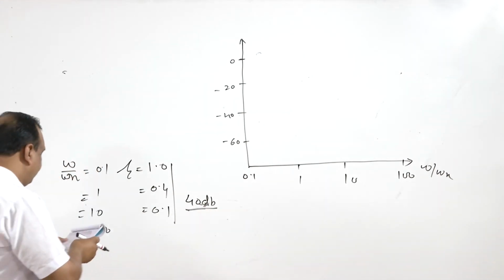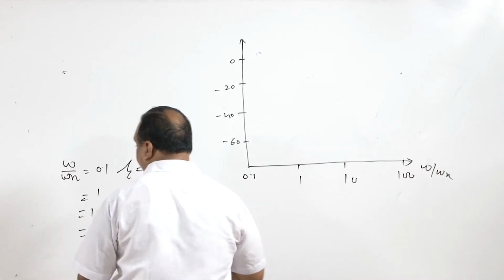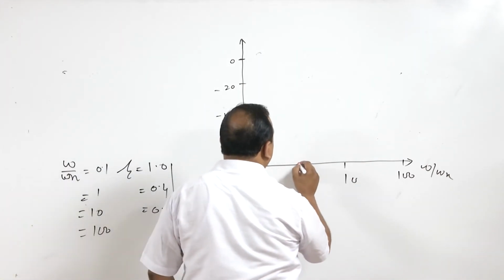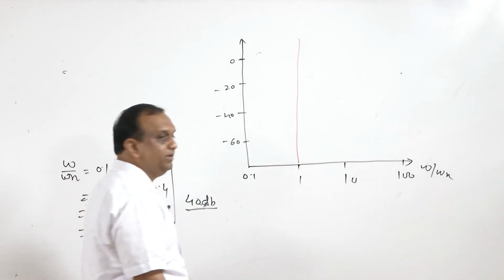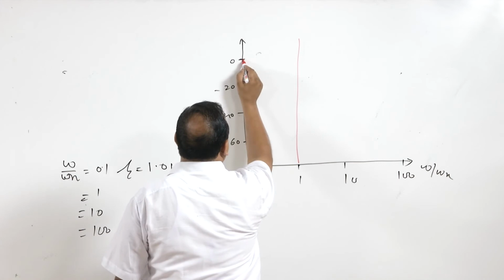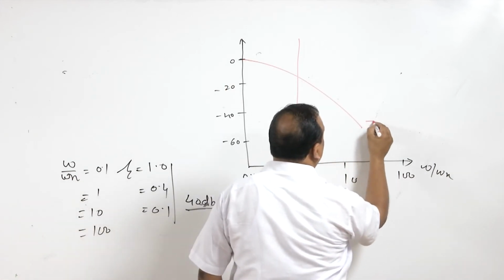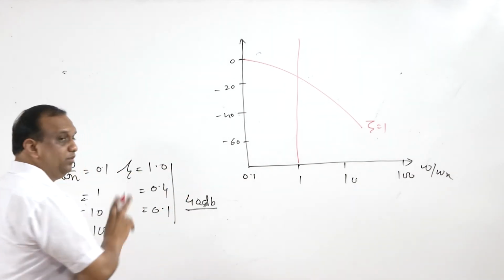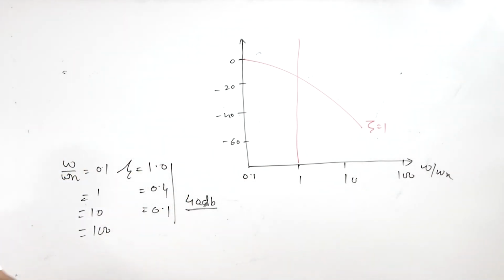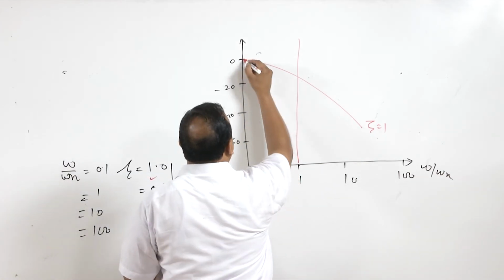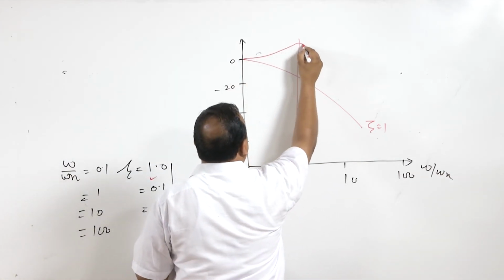Now the characteristic curve for zeta equal to 1 is going to be like this. This is zeta equal to 1.